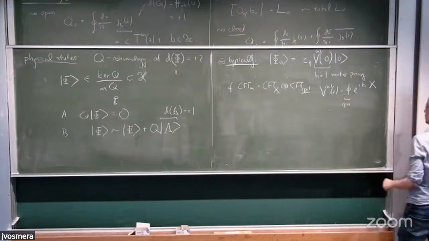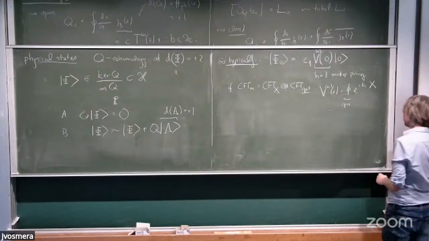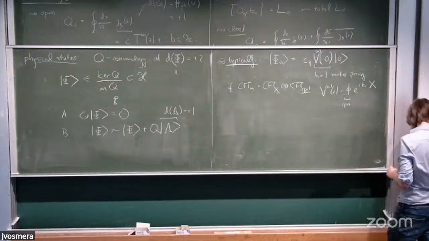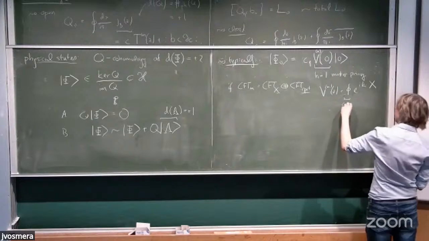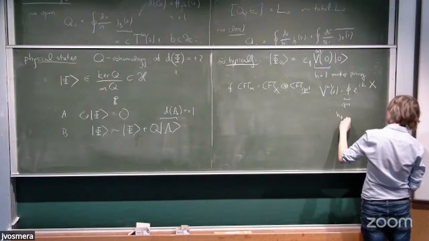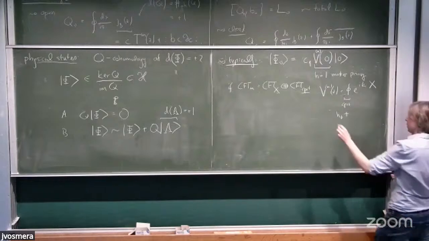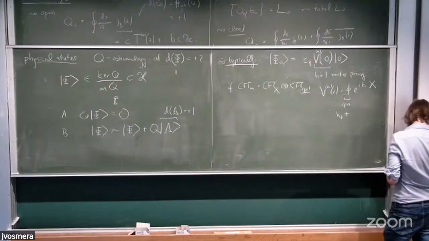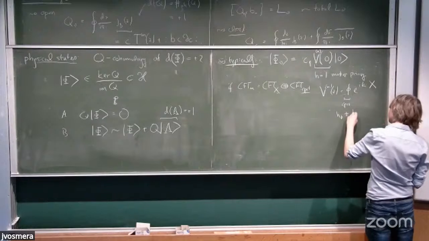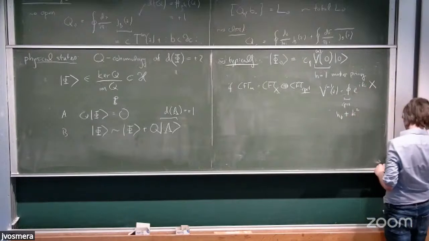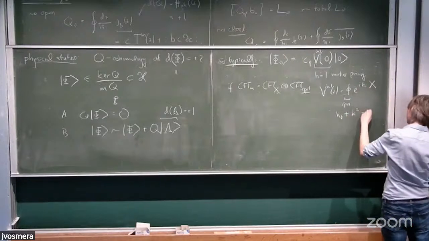But that is a very simple example of a matter primary. And it will be weight 0 as long as I satisfy the condition that the dimension of this field phi, which lives in the compact part of the Hilbert space, plus k squared, where k is the momentum of this plane wave, is equal to 1.